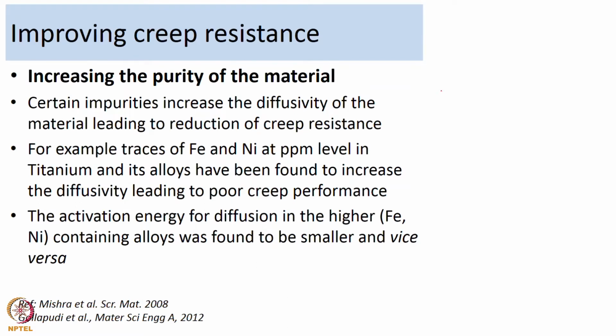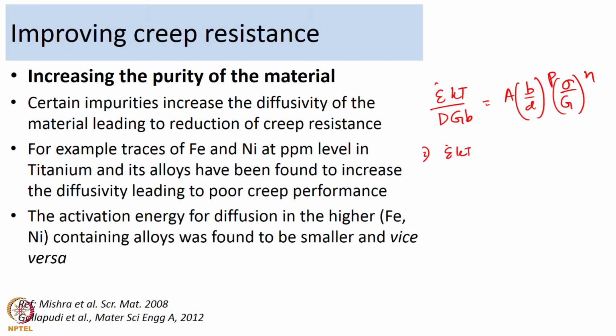So, again let us go back to the equation epsilon dot kT by D Gb is equal to A B by dP sigma by G to the power n. So, this implies epsilon dot can be written as A D Gb by kT into B by dP sigma by G to the power n.